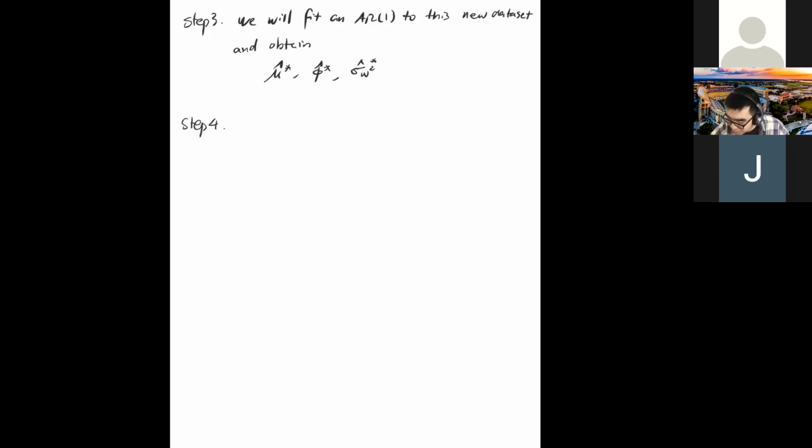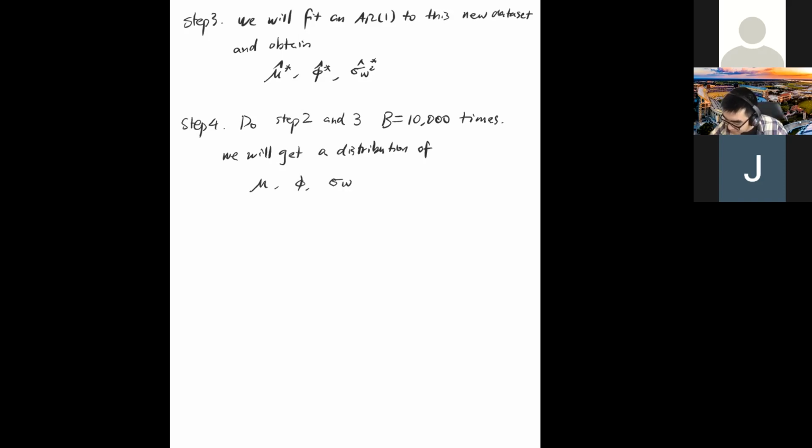Step number 4, we will repeat steps 2 and 3 B times, and let's pick B equal to 10,000 times. That means we will get a distribution of mu, phi, and sigma_w squared.